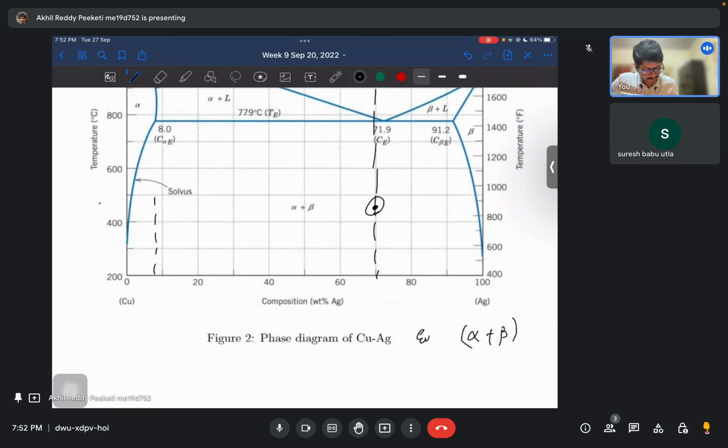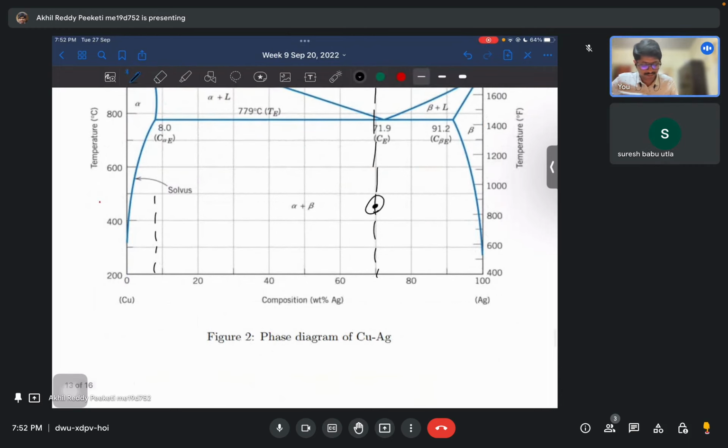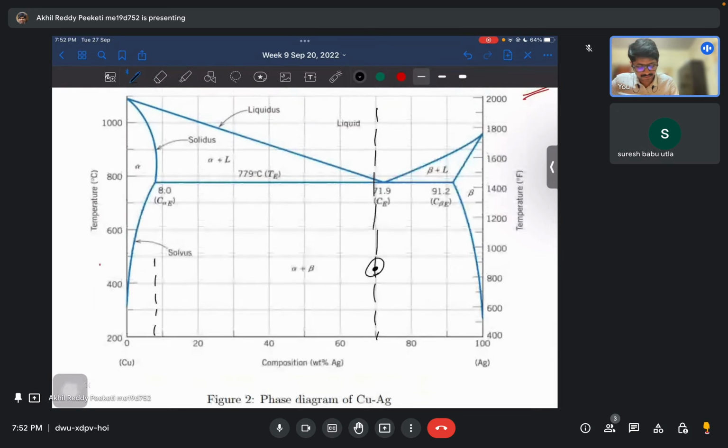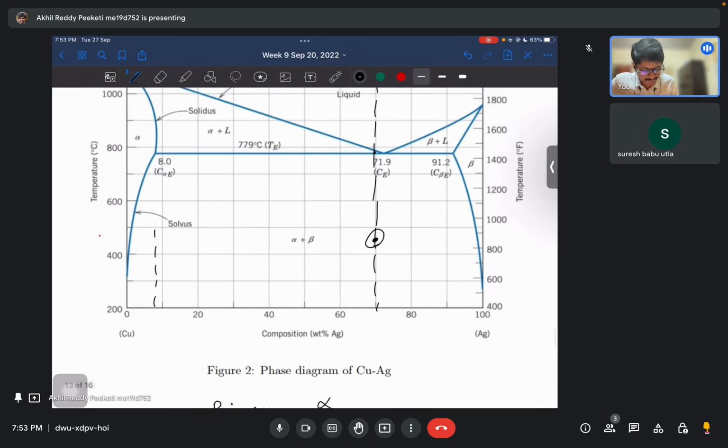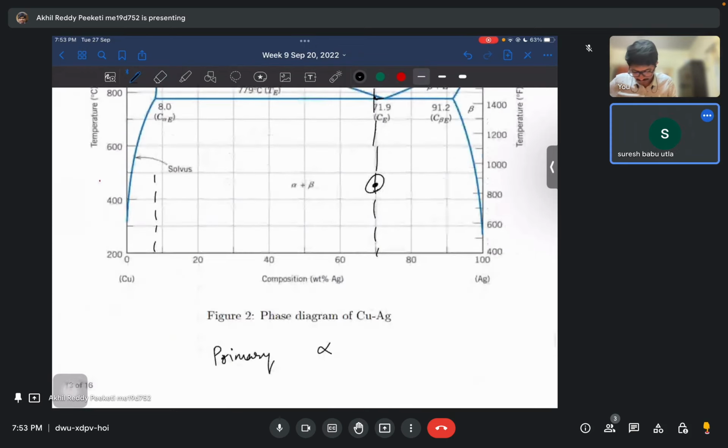Eutectic mix of alpha and... you are on the left side actually. So you are on this side. So what will be there mainly? Yeah. So primary alpha a little bit, right, because this length is so small.